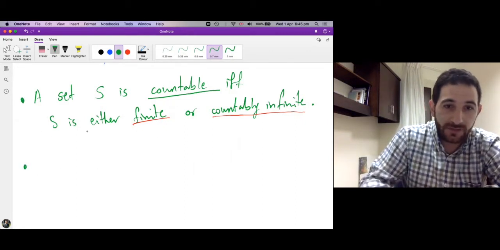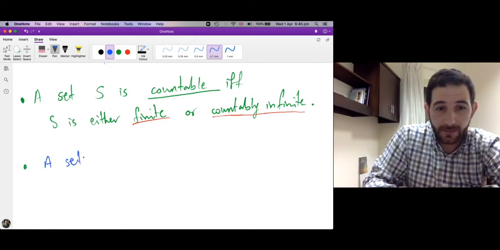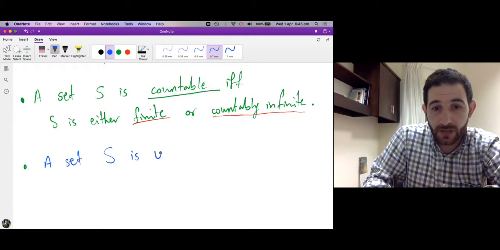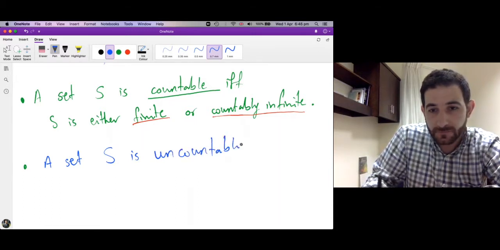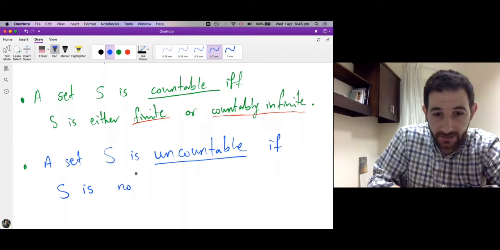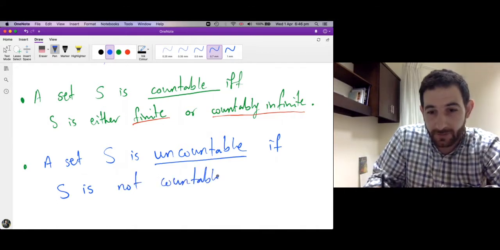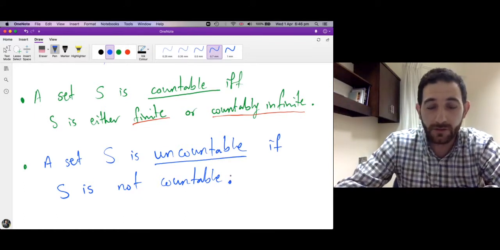Now let me tell you the definition of uncountable. A set S is called uncountable if S is not countable. And remember, what does it mean to be not countable?